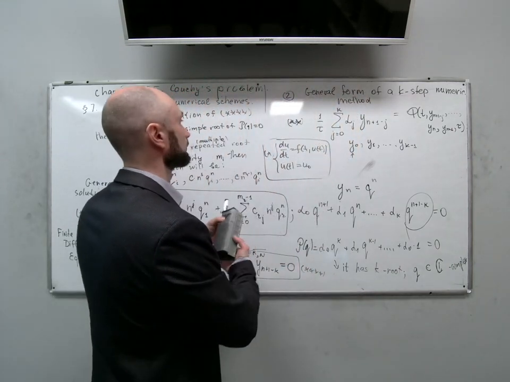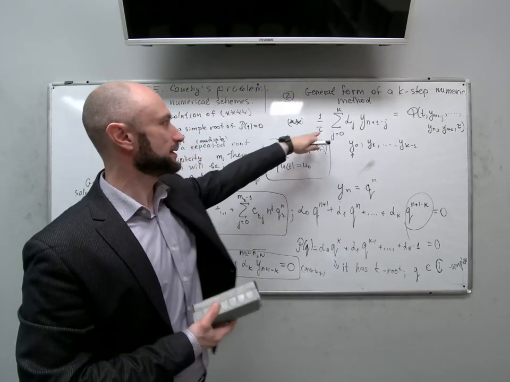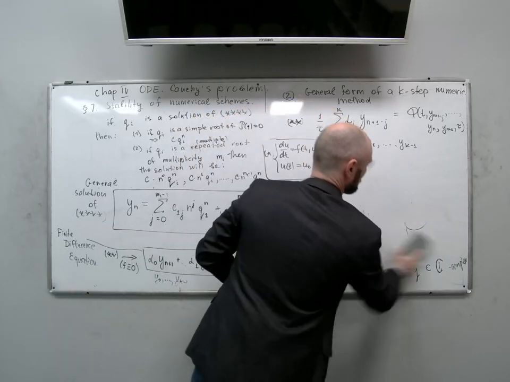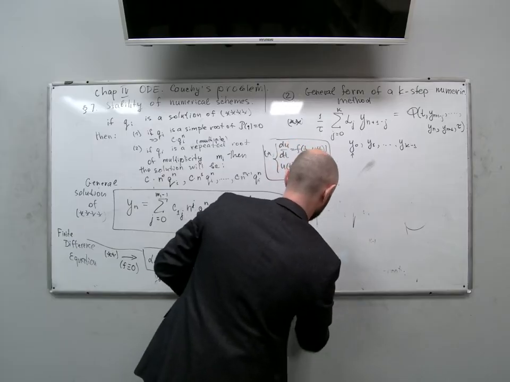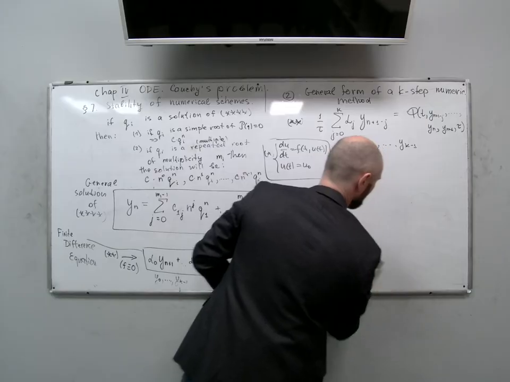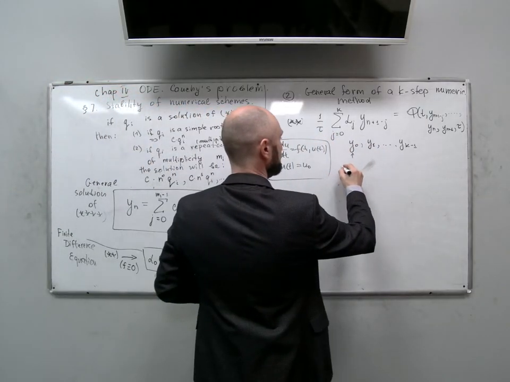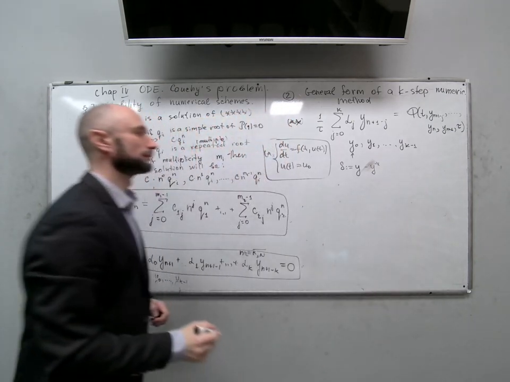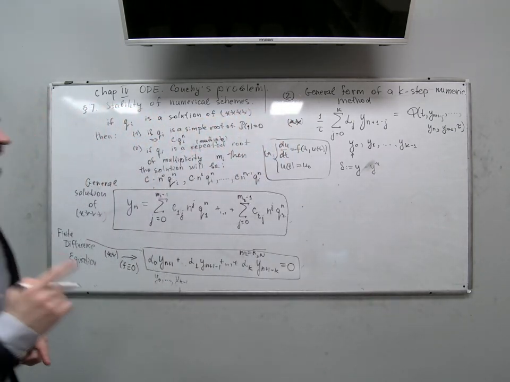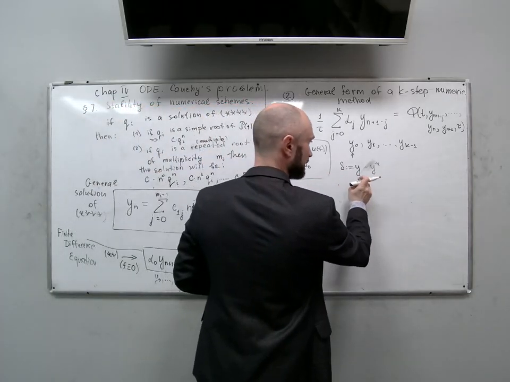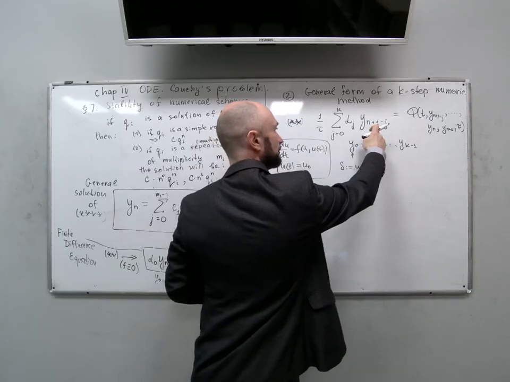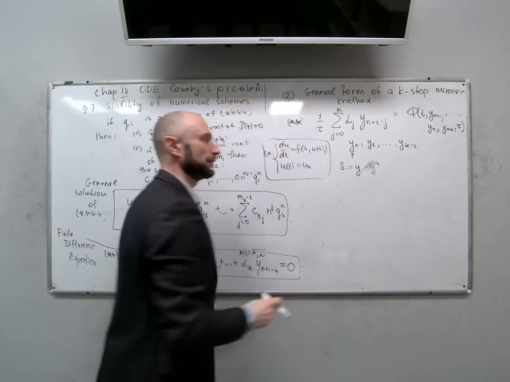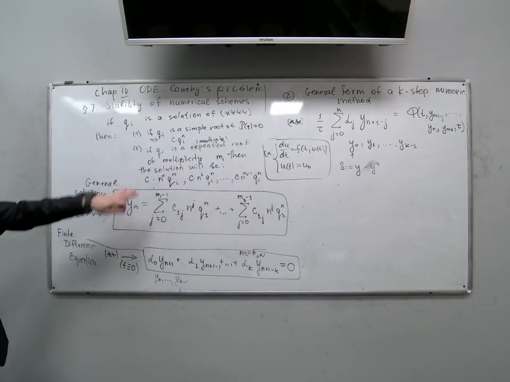Now, let's formulate the following fact. Since this scheme is linear, and since this scheme two stars is linear, if we define the delta as y minus y star, the difference between the exact solution of the non-disturbed difference equation and the solution of the disturbed difference equation, this whole theory will be true for this delta.